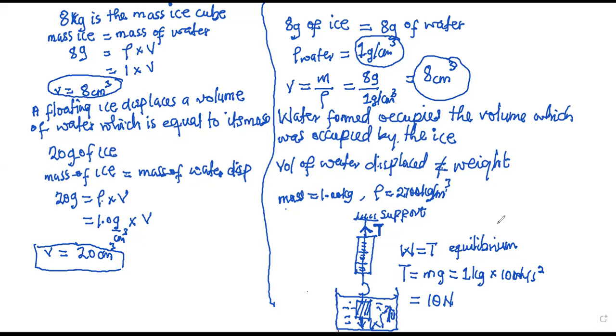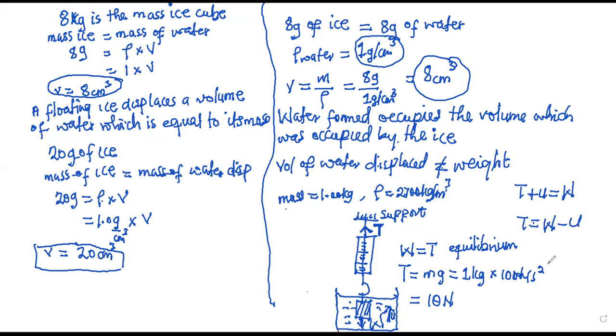So when we total forces up and down, we have the tension in the spring going up, upthrust also going up, and this must be balanced by the weight of the object going down. So when it is immersed in a liquid, the tension in the spring would be equal to the weight minus upthrust.